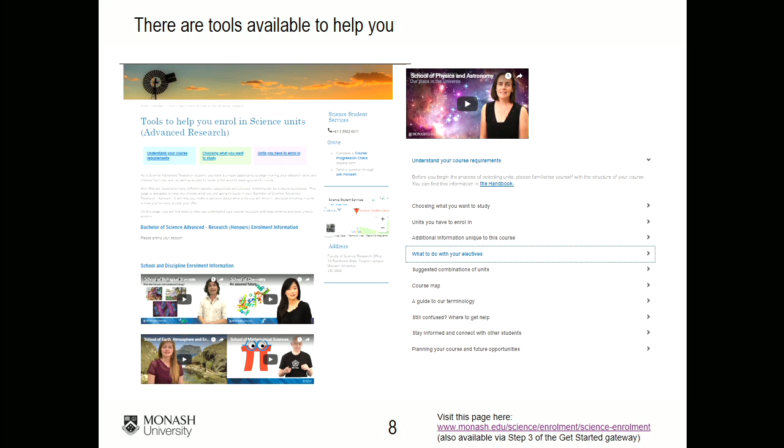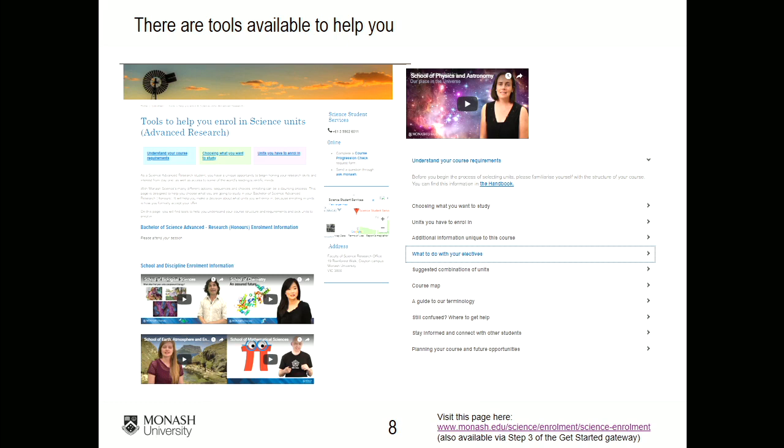Most of you have gone through some of that process. You may have already completed the first few of the 4 steps, and some of you may have completed all of the steps. The idea of this gateway is to get you correctly enrolled into your course and accept your offer of enrolment at Monash.